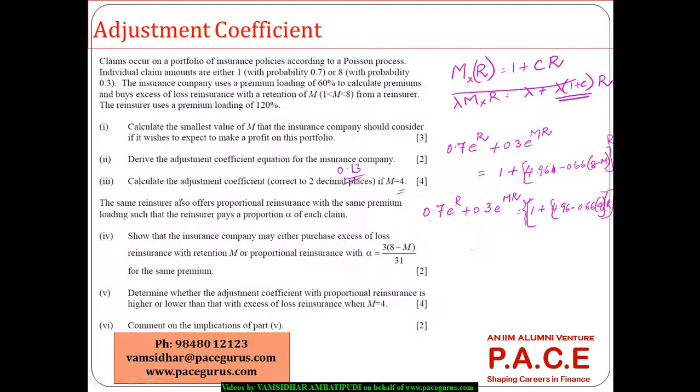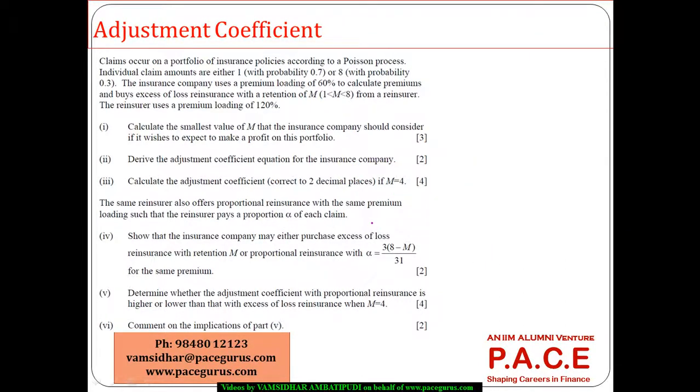The same reinsurer also offers a proportional reinsurance with the same premium loading, such that the reinsurer pays a proportion alpha of each claim. Now what is the expected claim now? We have already known that there is a 70% chance that 1 would be paid and 30% chance that 8 would be paid.